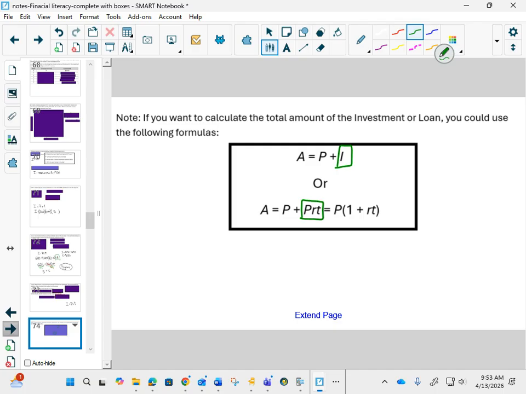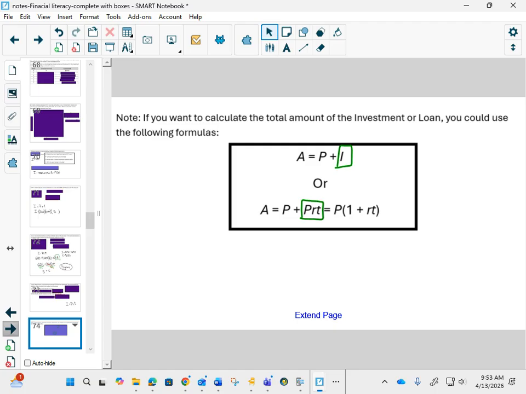So we could write it as P plus interest, and you could write the interest as the formula. And another way of writing this exact same formula, this gets into a little bit of algebra, even some grade 10 pre-calculus math, is that you factor out the value of P, and you get 1 plus just the R and the T. Different formulas, you can put these on your formula sheet.